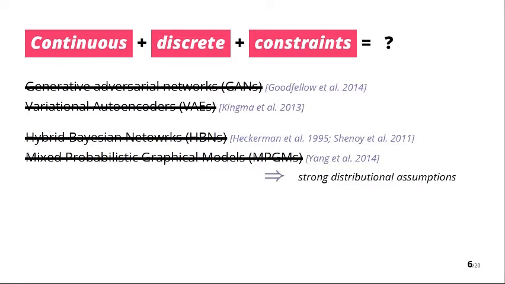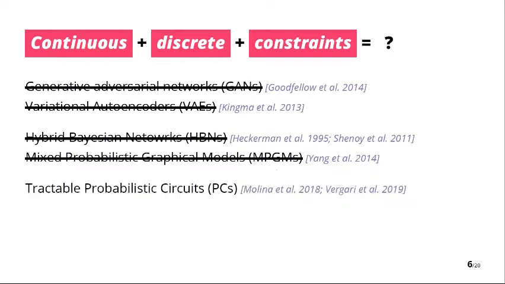Nope, because they're limited in representation power. They have strong distributional assumptions and cannot deal with constraints. There are more recent tractable probabilistic models, but still no, because they cannot deal with complex hybrid constraints.